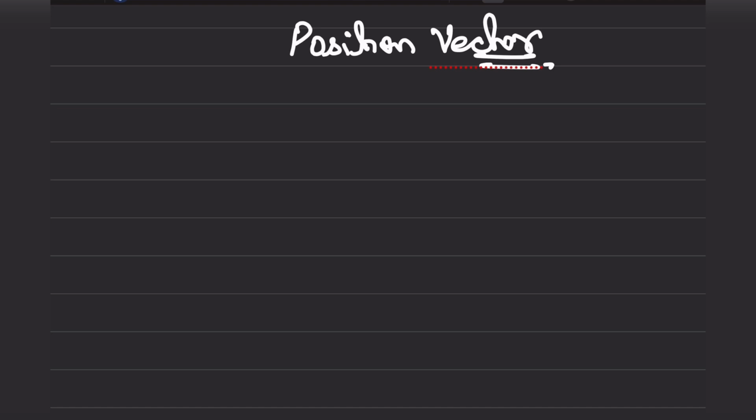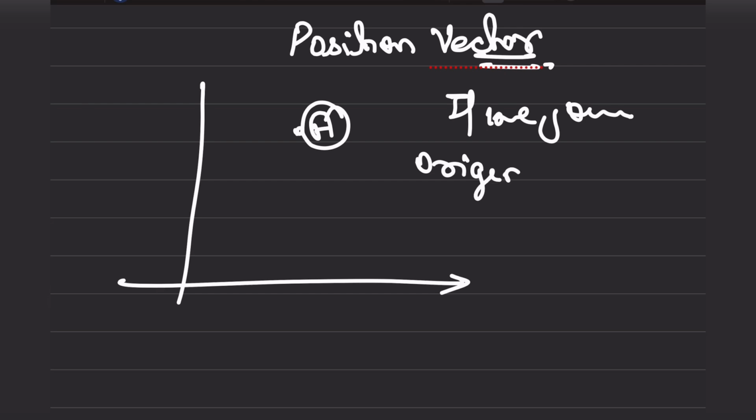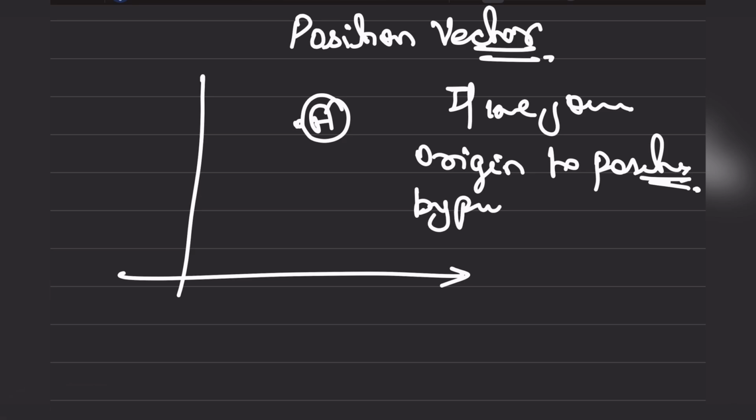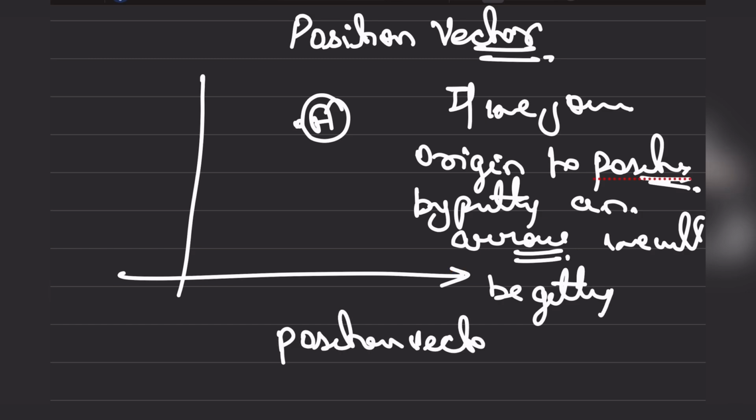Suppose that this is the position of the particle. If we join the origin to the position by putting an arrow, we will get the position vector of the particle.